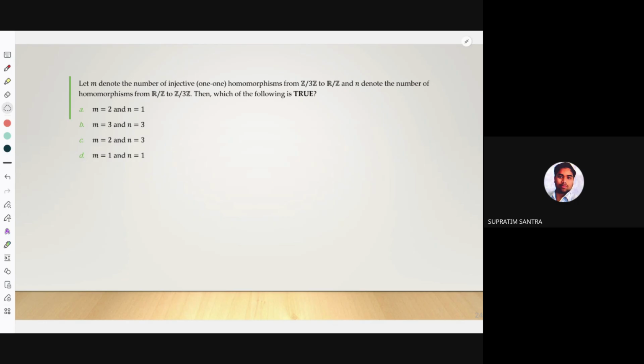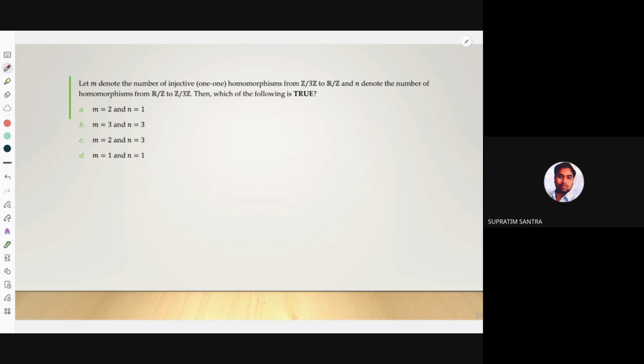R is a group with respect to addition, and Z is a normal subgroup of R with respect to that. So we can do the quotient R mod Z, which is also a well-defined group. So now we are asked about injective group homomorphisms from Z mod 3Z to R mod Z.